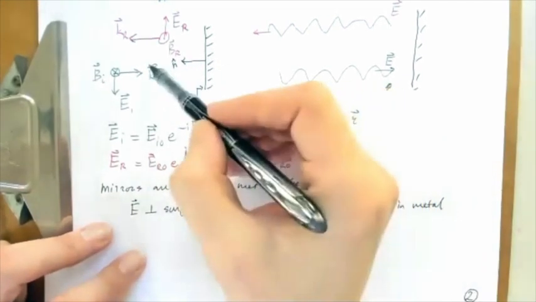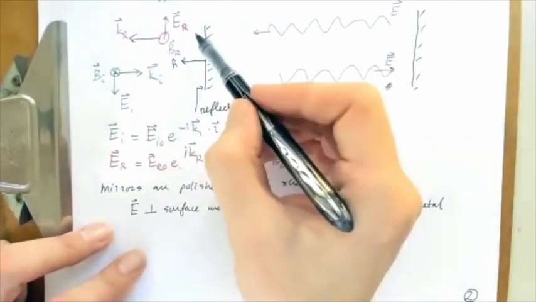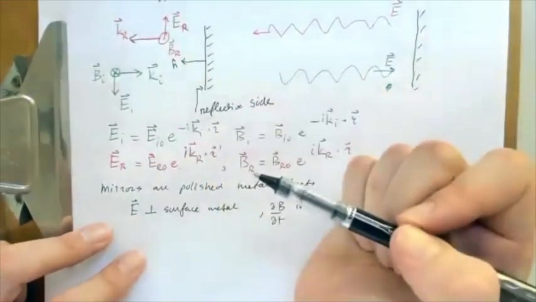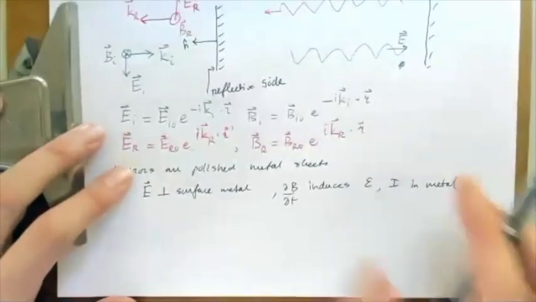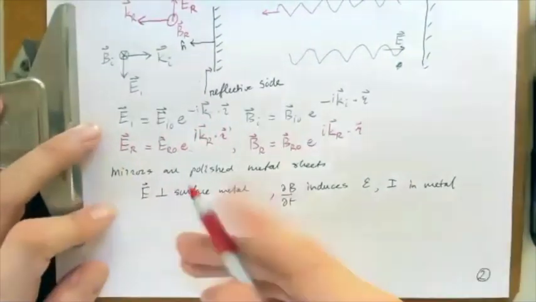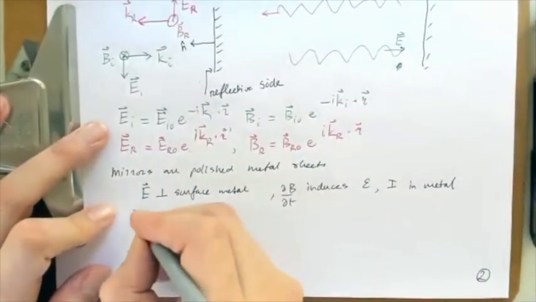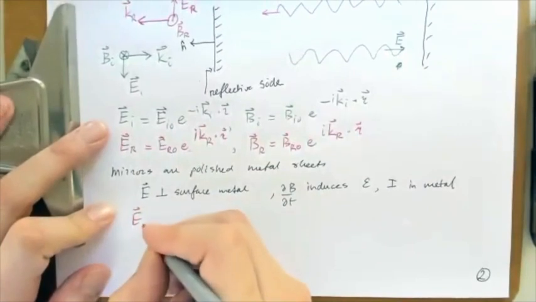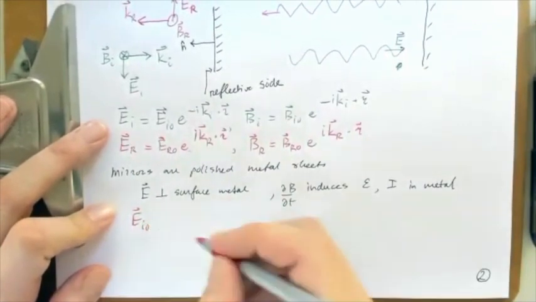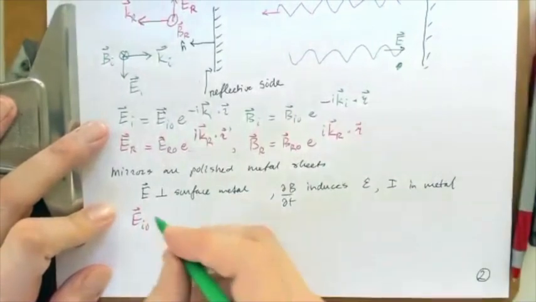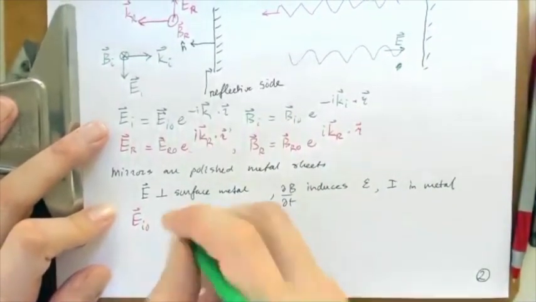Because the electric field needs to be pointing in this direction. It cannot be pointing in this direction, cannot be pointing in this direction. So therefore, E_I0 plus E_R0, oops.